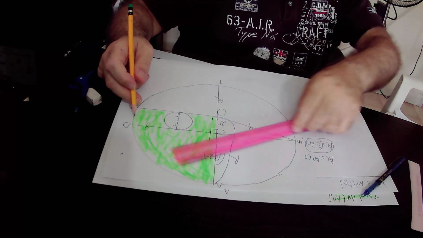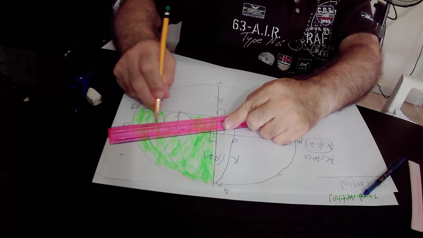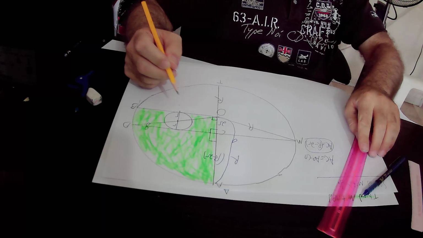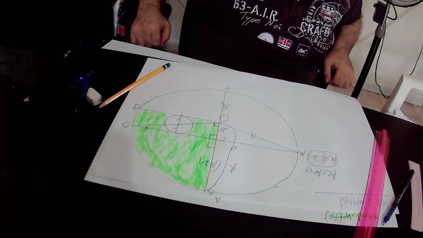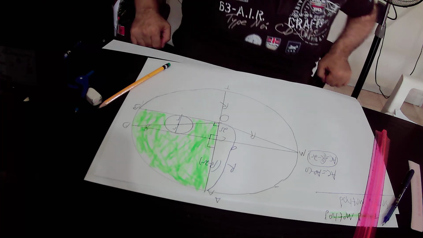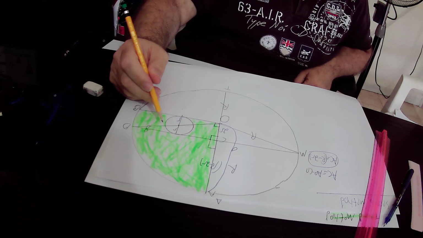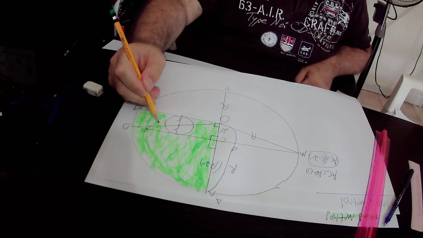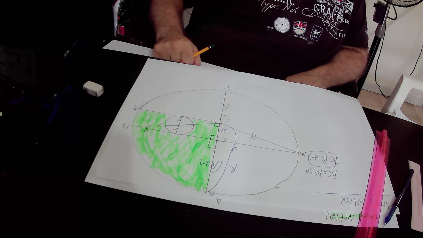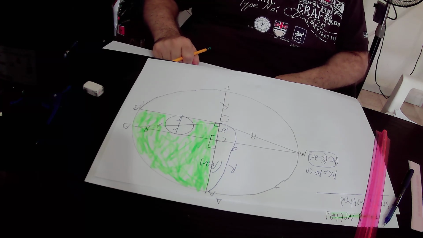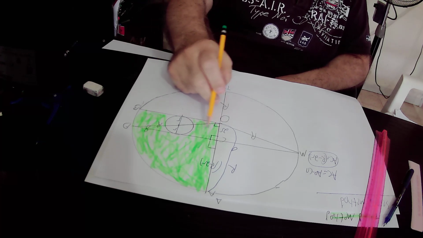We join points O and D together by a straight line. Point O is the center of the big circle, point D is a point on the big circle itself, therefore OD is the radius of the big circle that is equal to capital R. Actually, we extended the straight line DC by a straight line.